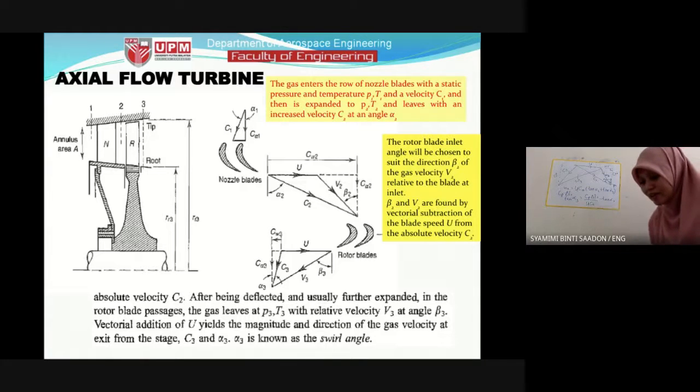So we get alpha 3, which is about 4.5 degree.